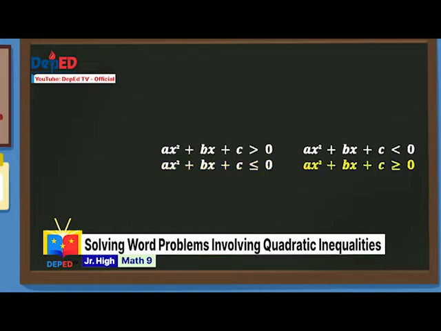And ax squared plus bx plus c is greater than or equal to 0.